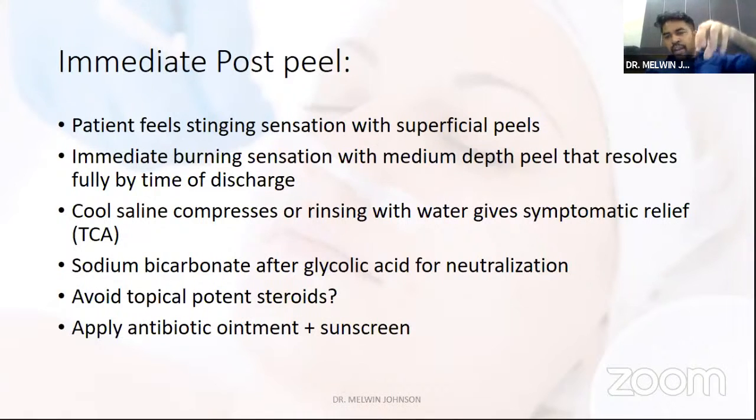Some companies do have a neutralizing agent for their peels, but for specific higher concentration peels you need a higher concentration of neutralizing agent also. जितना percentage, जितना pH का acid है उतना pH का neutralizing agent चाहिए, मतलब counter balance होना चाहिए. So if the pH of the acid is around 4, you need a neutralizing agent at 8 or 9. So it's very simple chemistry.